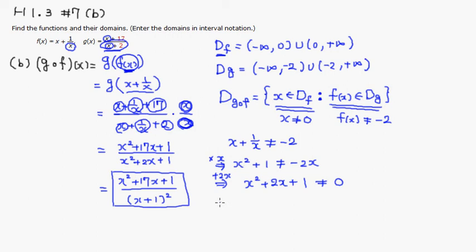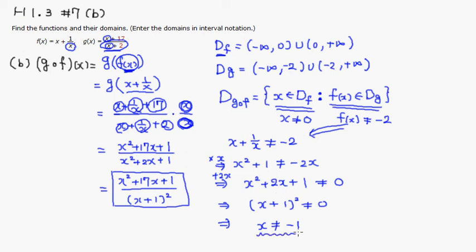Then we can complete the square or factor. This is the same thing as x plus 1 quantity squared cannot be equal to 0, which means that x cannot be equal to -1, because if it's -1 it becomes 0.